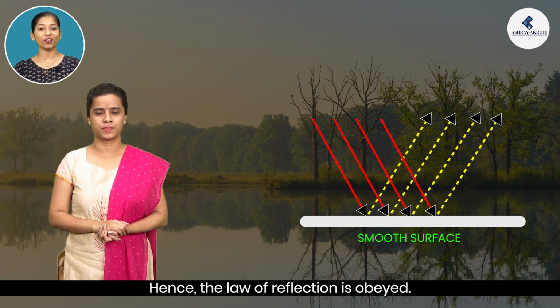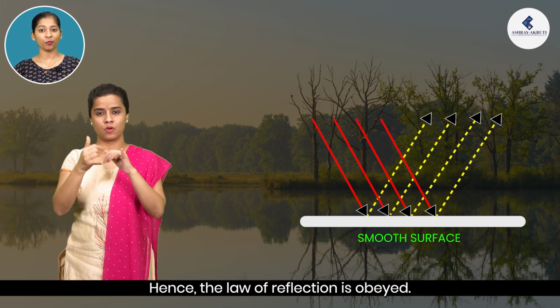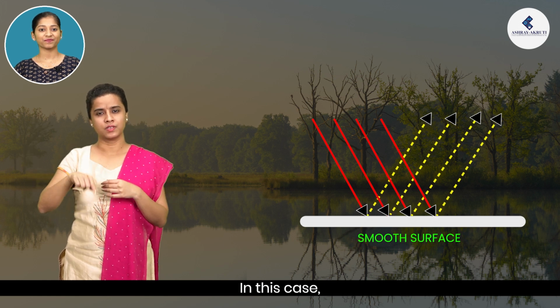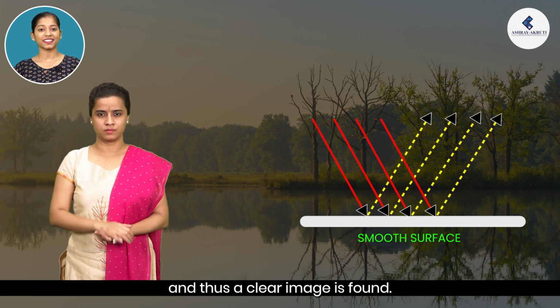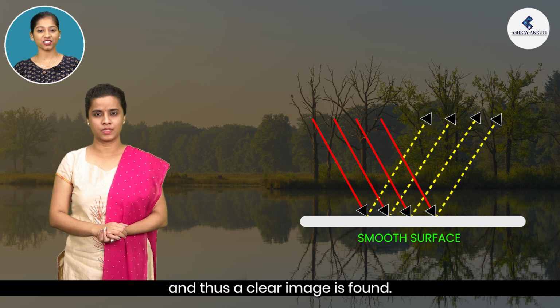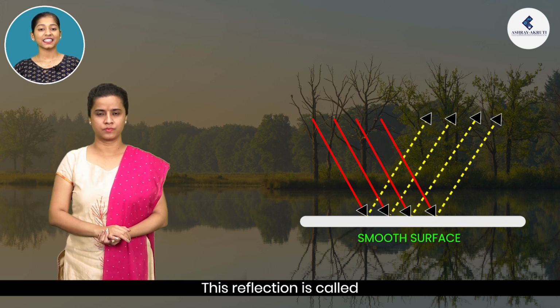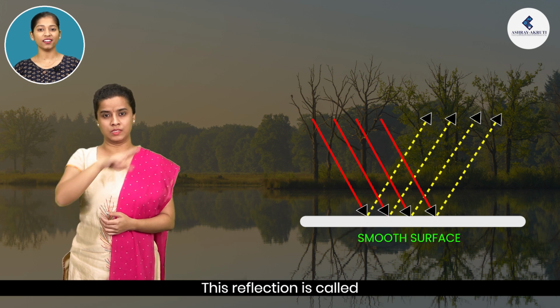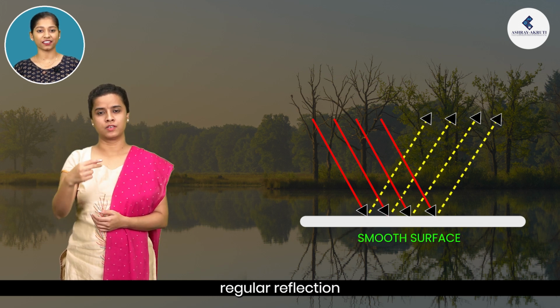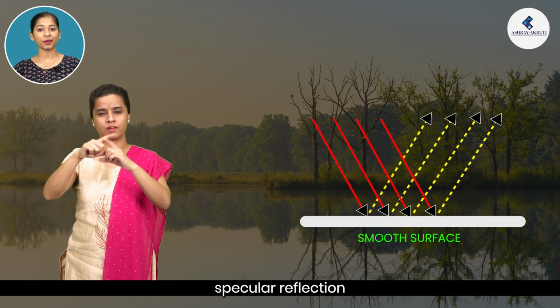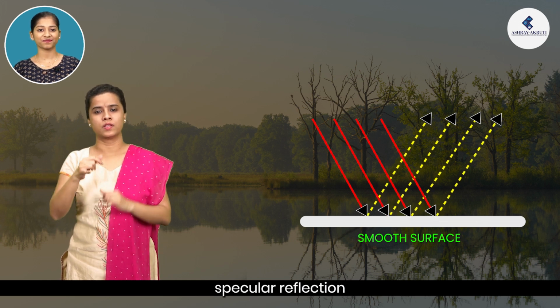Hence, the law of reflection is obeyed in this case. And thus, a clear image is formed. This reflection is called regular reflection or specular reflection.